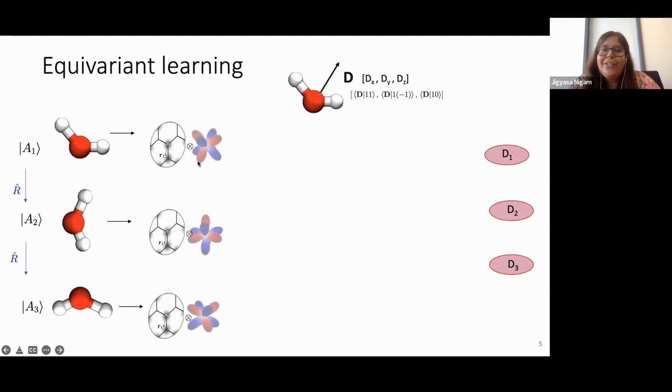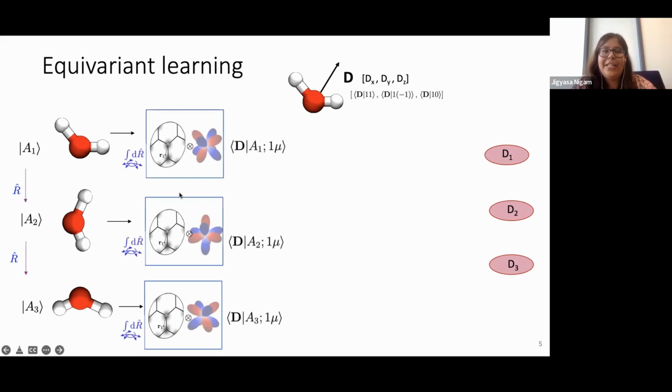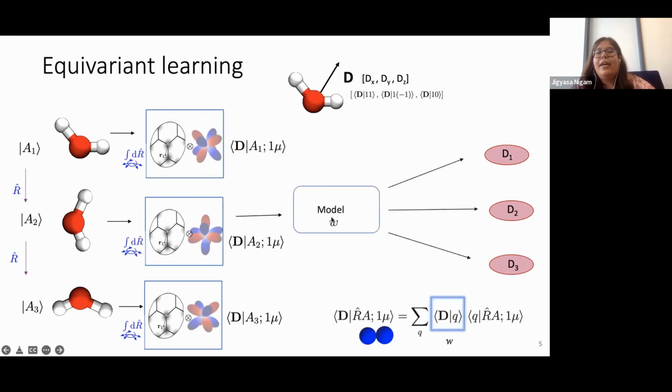So this additional function incorporates in your representation how this property rotates with your structure. And then you perform this rotational integration again. So here I created a model that rotates the same way as a property, so a spherical harmonic of order 1. And again, using one set of weights, you map these 3 different structures to 3 different outputs.